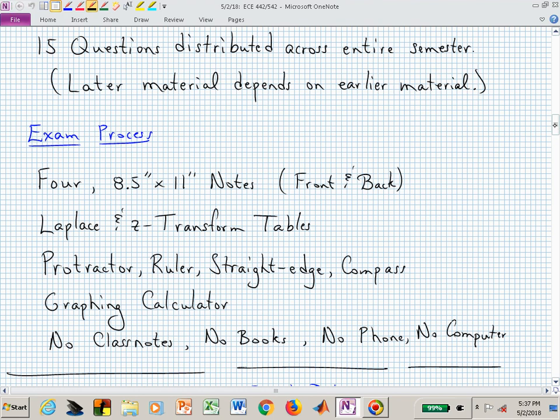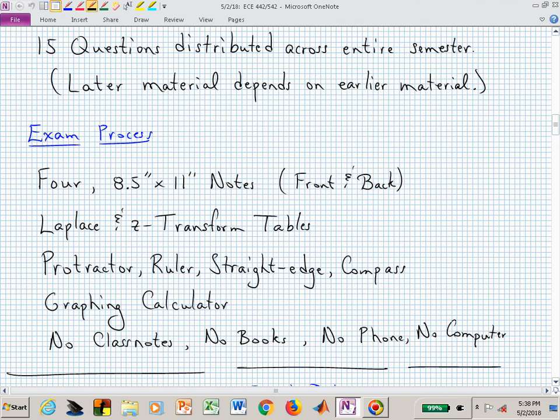Process is similar to what we've seen before. You'll have now 4 sheets of notes, so 8 pages of material that you can create. You can bring in your favorite Z-transform tables and whatever implements you like to bring with you. Protractor, compass, ruler, straight edge.